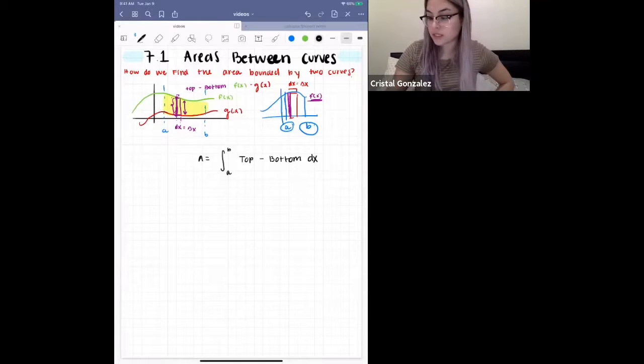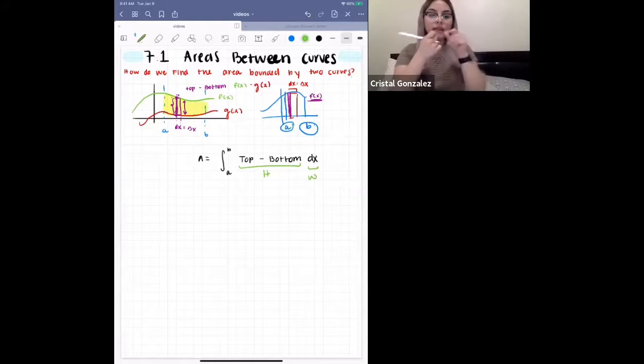The difference gives us our height, and dx gives us our width. In that way, we get infinitely small rectangles.